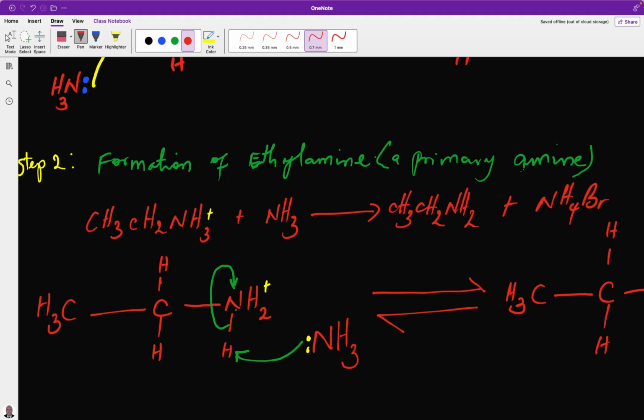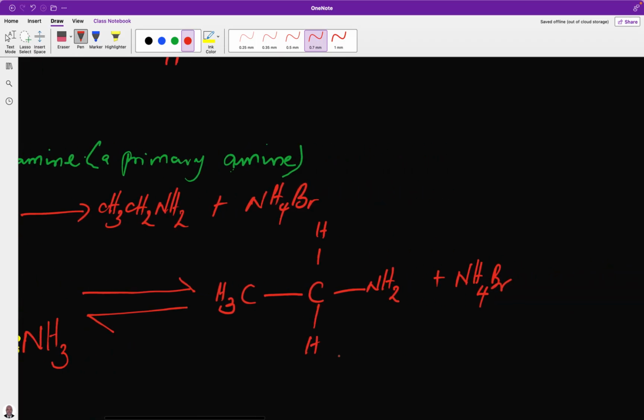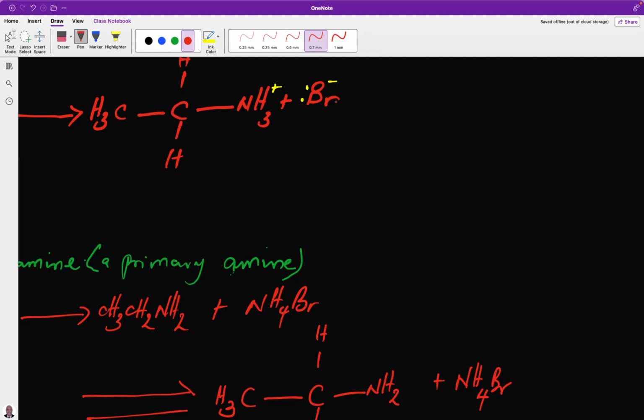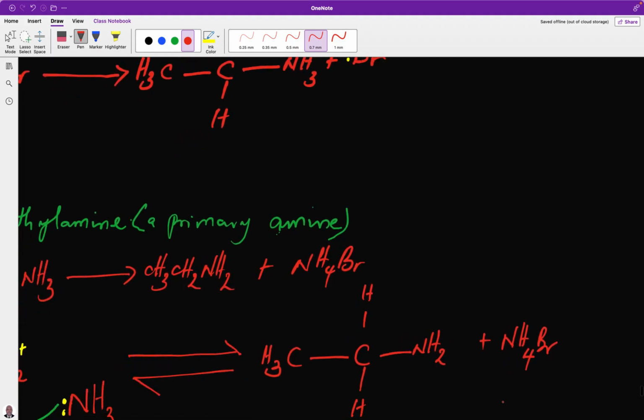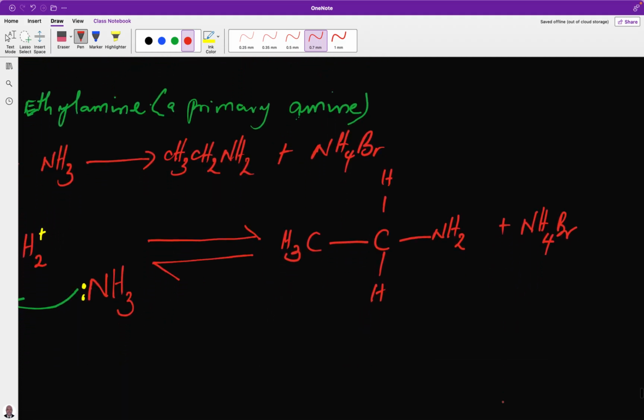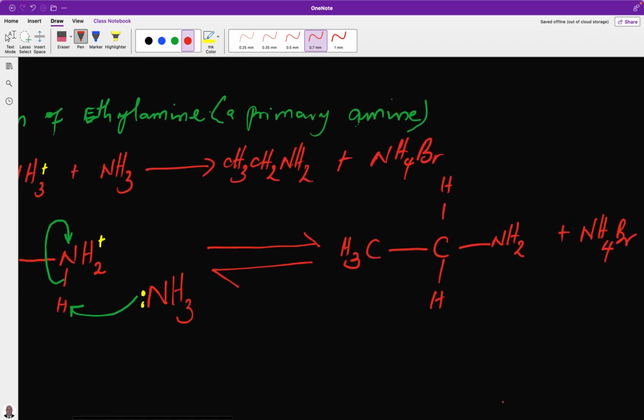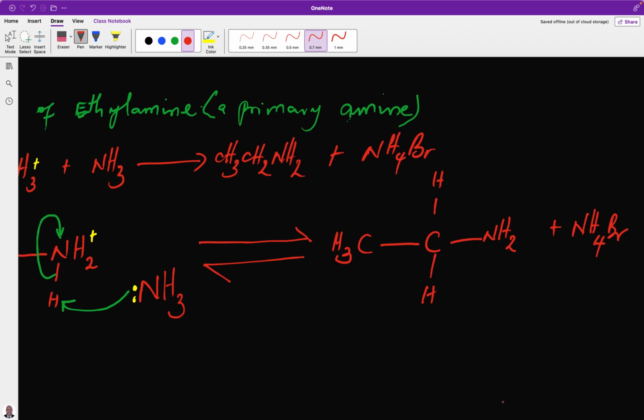Nitrogen takes all the electrons, but hydrogen goes with no electron. It benefits from the lone pair of electrons of the ammonia, forming this compound. The bromide that was still in solution combined with it, and a new compound is formed. We call it ethylamine. That is the new compound that is formed.